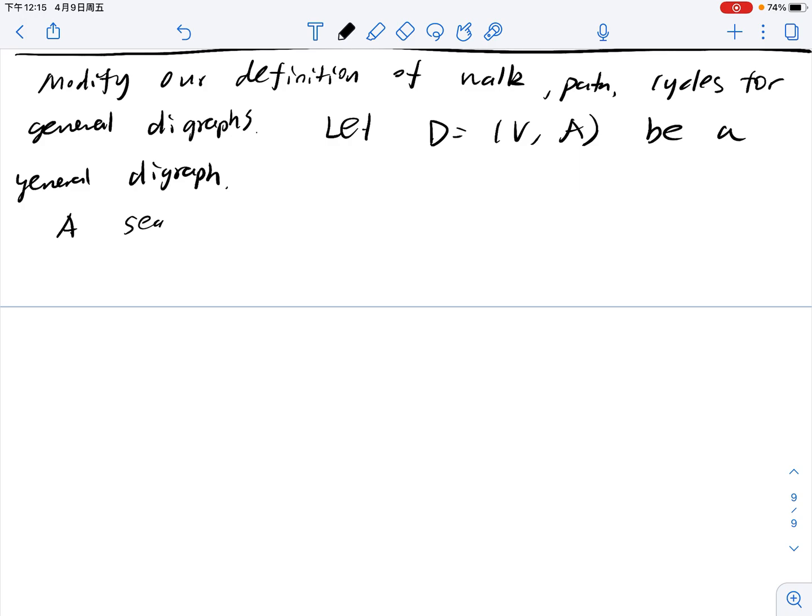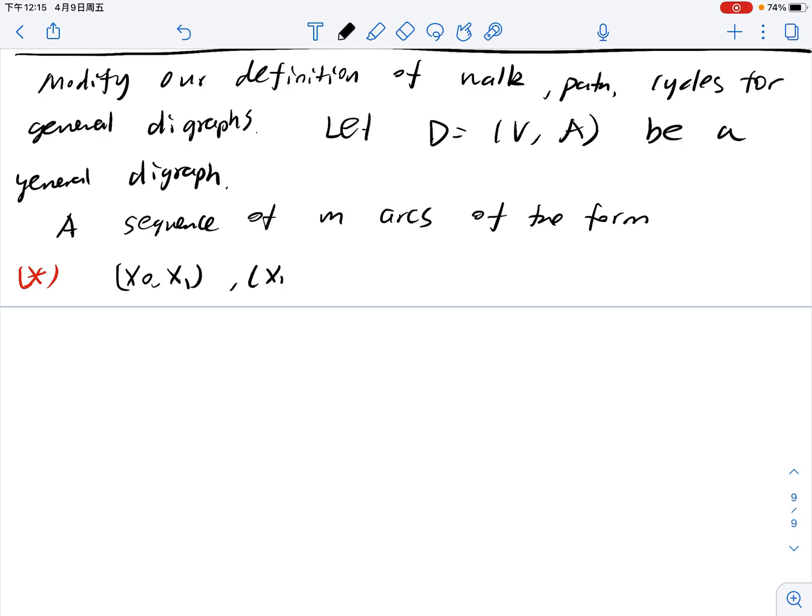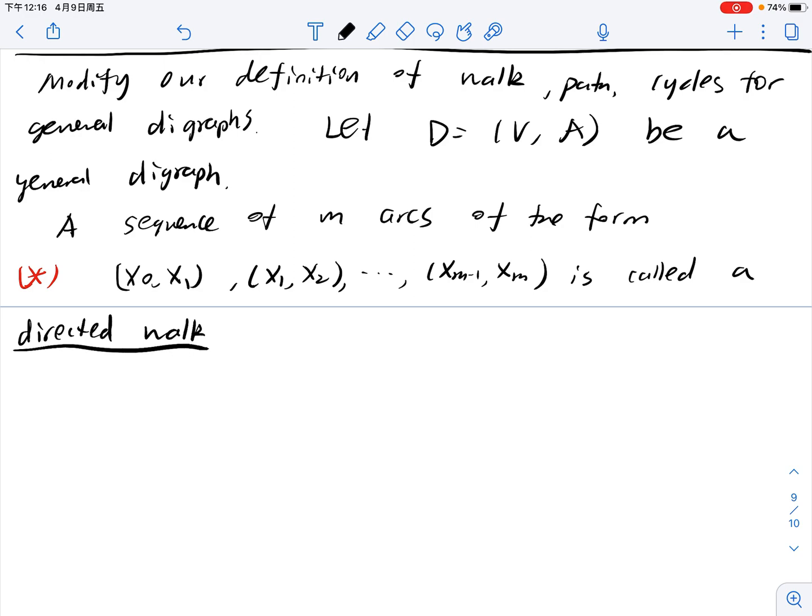Then a sequence of m arcs of the form (x0, x1), (x1, x2), ..., (xm minus 1, xm) is called a directed walk of length m from the vertex x0 to the vertex xm.